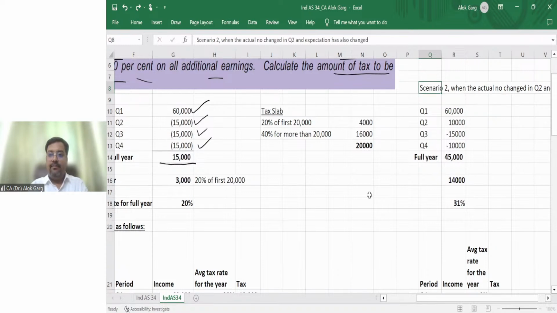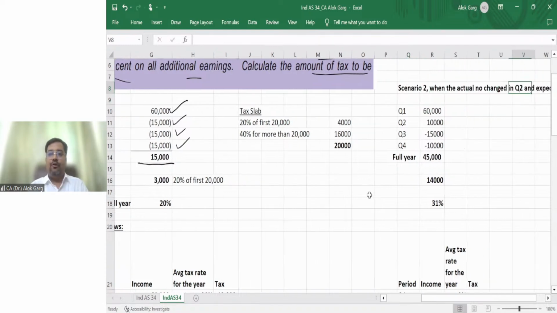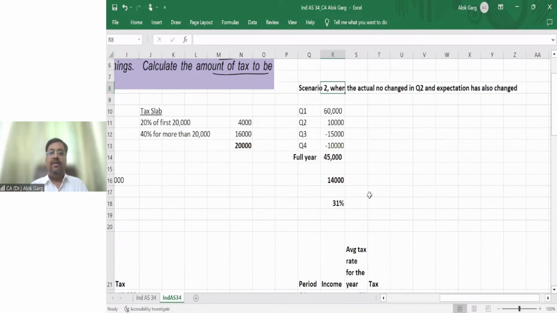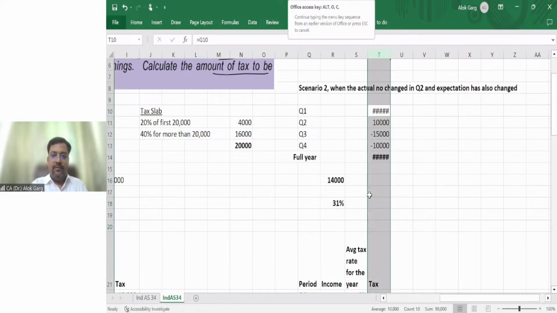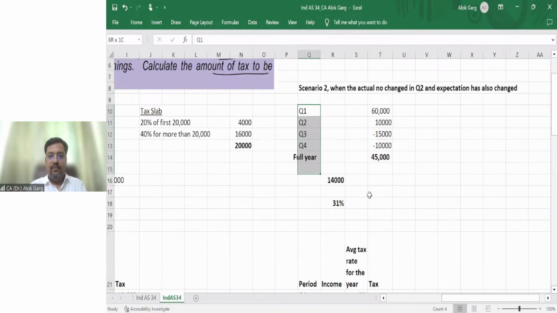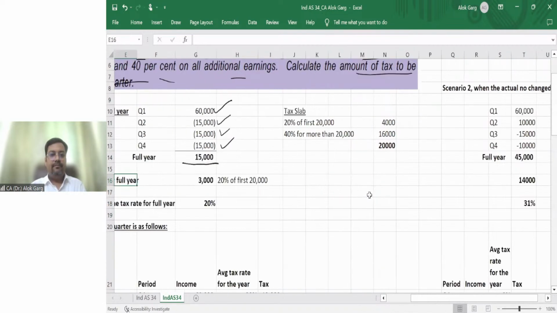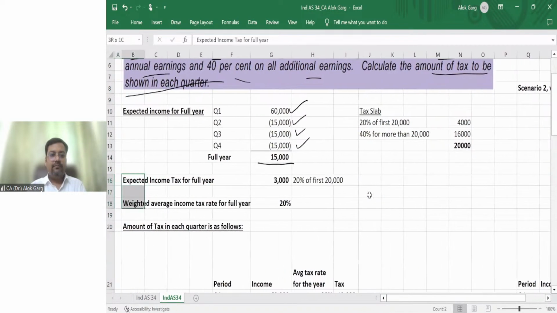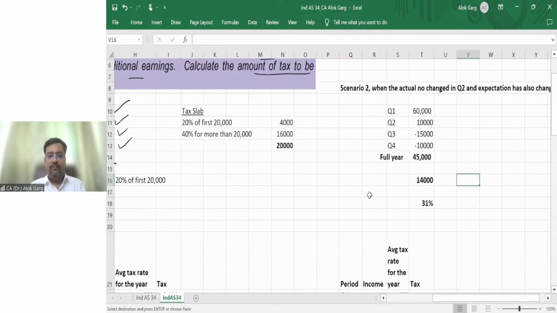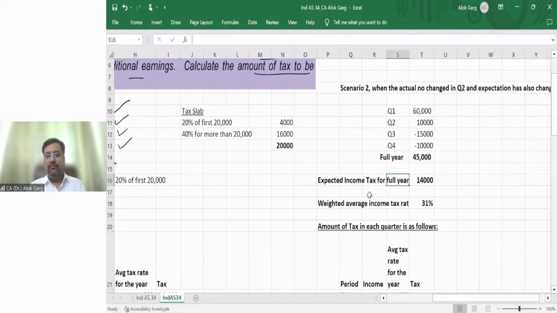So I am giving you scenario two so that you will be able to understand completely. This is my weighted average annual income tax rate.